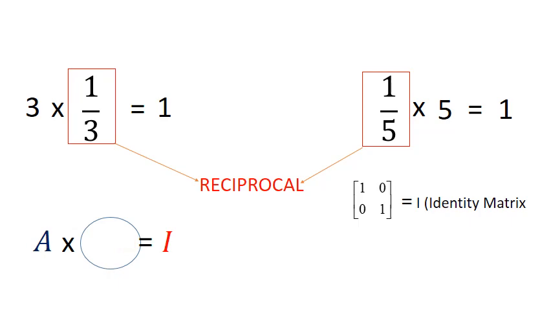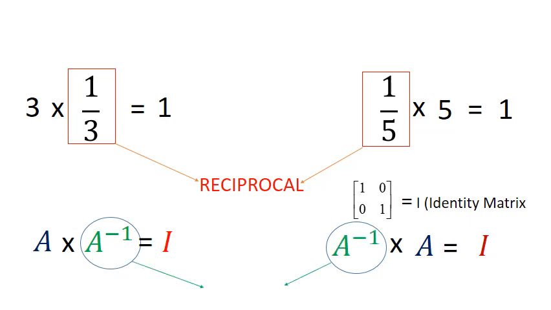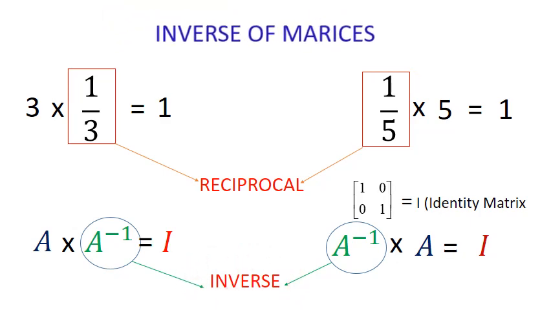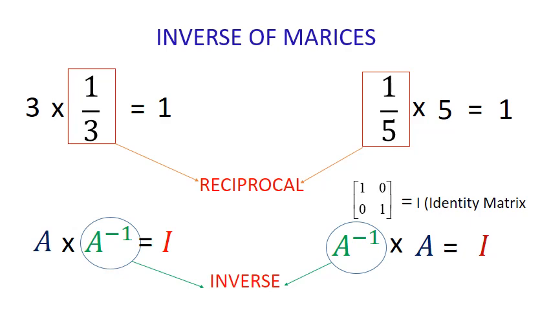So we represent it as A to the power minus 1. A into A to the power minus 1 is equal to I. Again, what multiplied by a matrix A will give the identity matrix? Here also A to the power minus 1, and this A to the power minus 1 is called the inverse of a matrix. Today we will learn about the inverse of matrices.